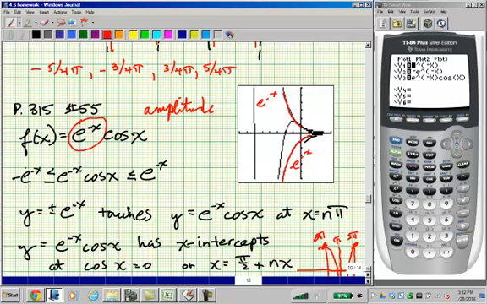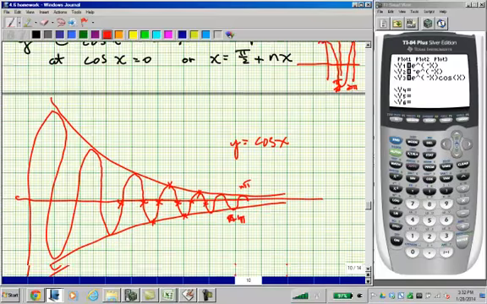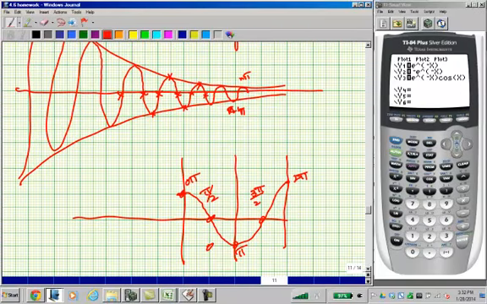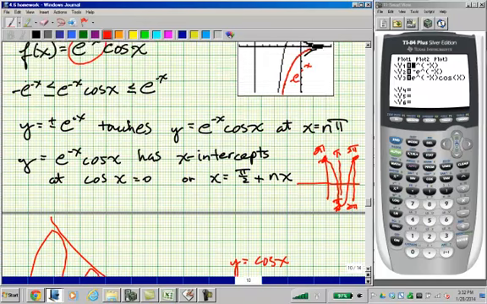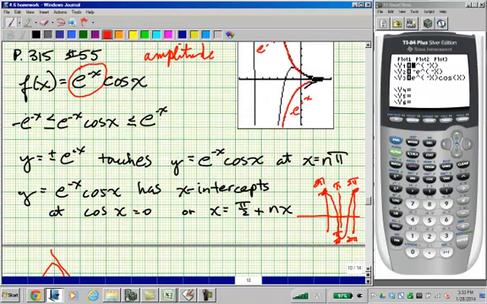It's a pretty straightforward idea, but it makes for a much more interesting function to look at. So we answered everything in 55. We talked about the upper and lower limits of e to the negative x times cosine of x.